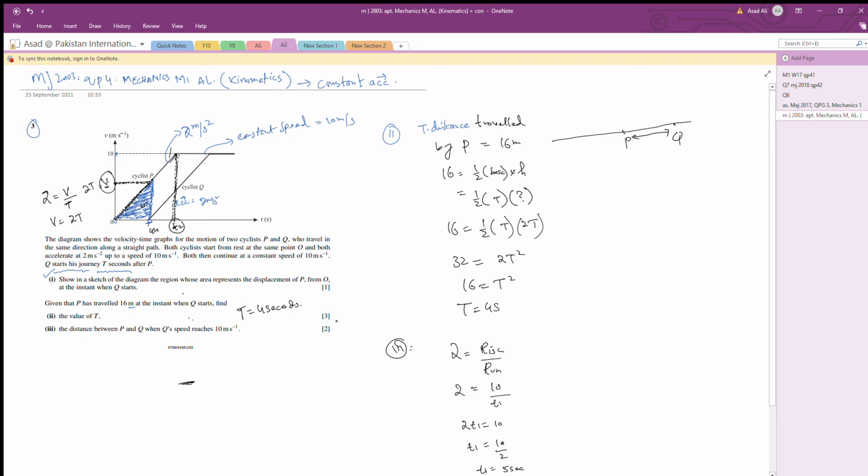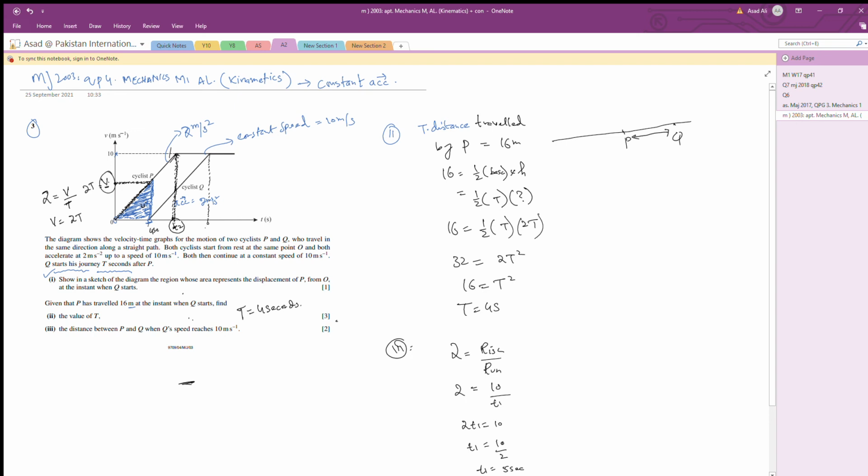Now they say, look at the statement. Both then continue at a constant speed of 10 meters per second. Q starts his journey t seconds after P and same acceleration. So if P is reaching here after 5 seconds, this will reach here after how many seconds?